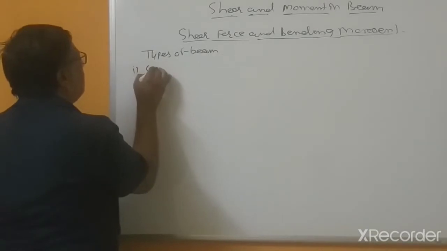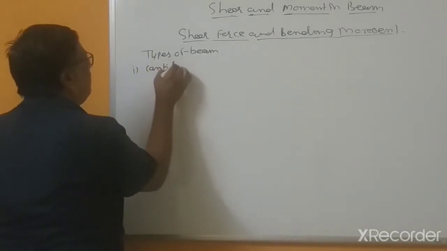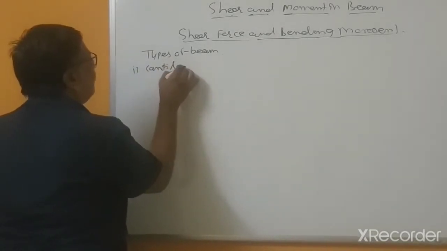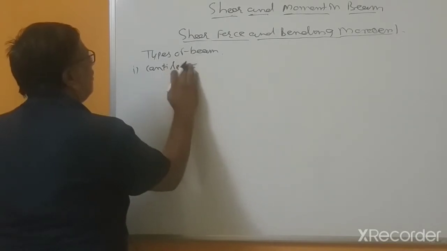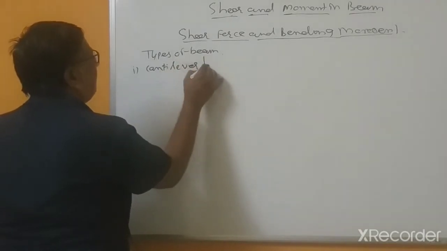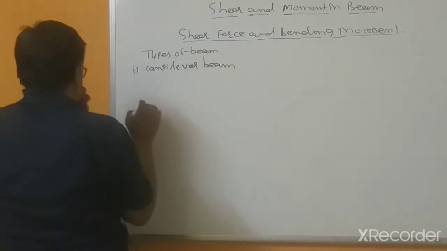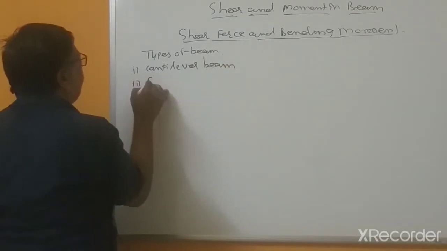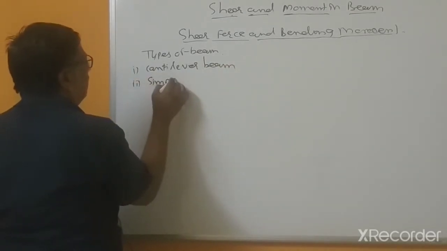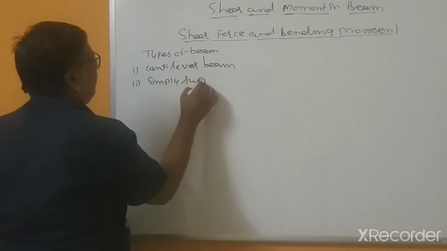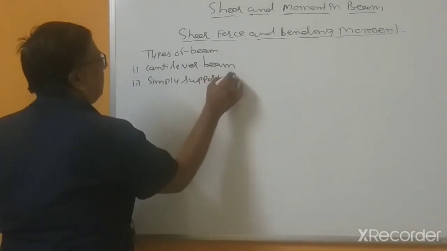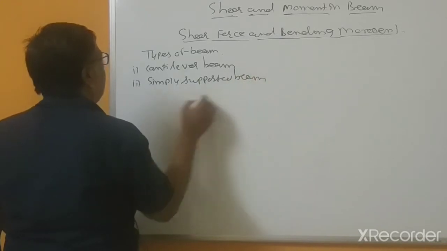First is the cantilever beam. Second is the simply supported beam.